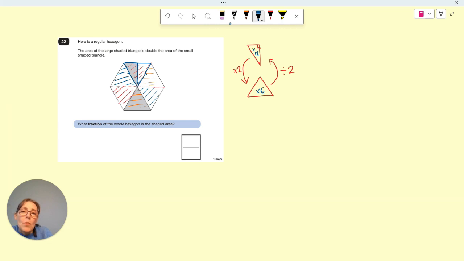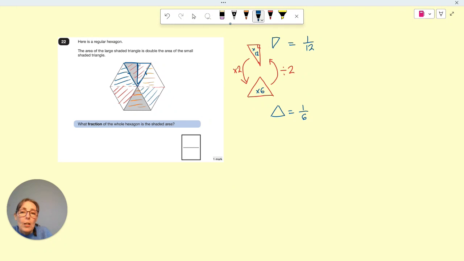So out of the whole shape, this part is 1/6 of the whole shape, because there's six of them. So one of them is one part out of 6. And this one here, because there's 12 of them and we've only got one of them, that's 1/12 of the whole shape.